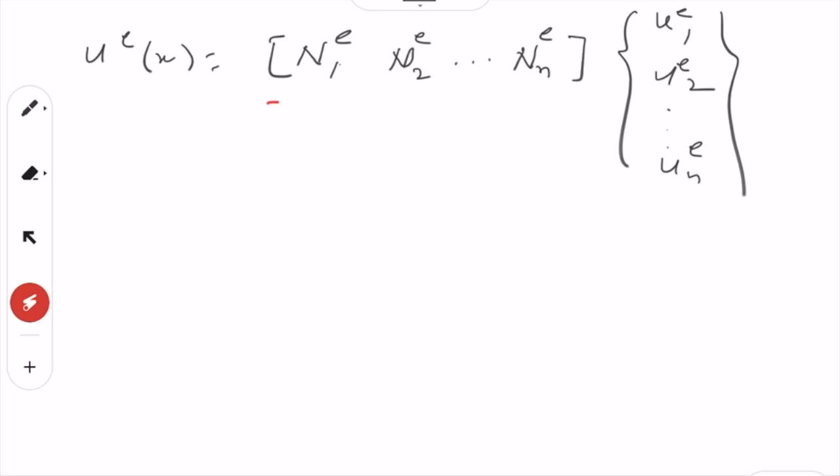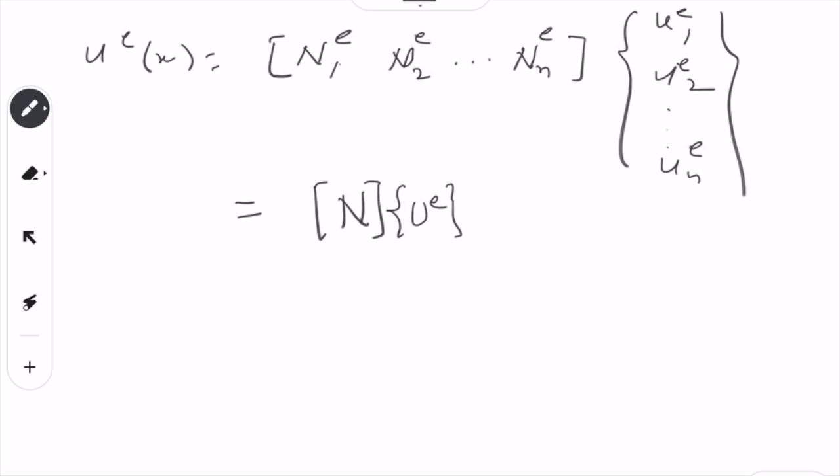You can also write it this way, or you can write it as the N matrix multiplied by u^e, the u^e vector. So, this is the N matrix, which has the shape functions.